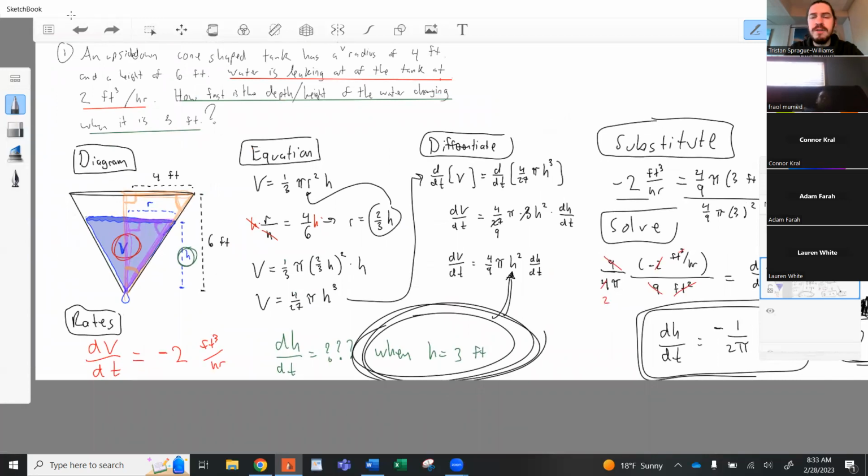Hannah asks a question in the chat. This is about notation. Can you write this in the form, what is dh over dt of 3? Question mark? Is that what you're asking? Yes, you can sort of do that. Yes, that is fine.